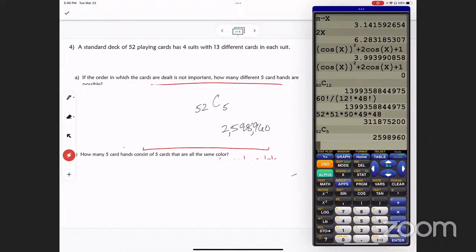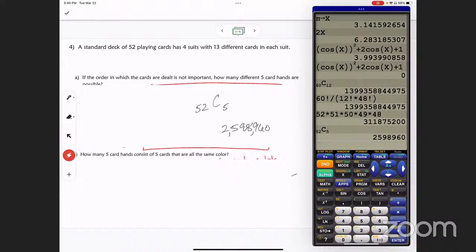That's what that is. Now it says how many 5-card hands consist of 5 cards that are all the same color. Let's see. I think here they're cutting it in half.